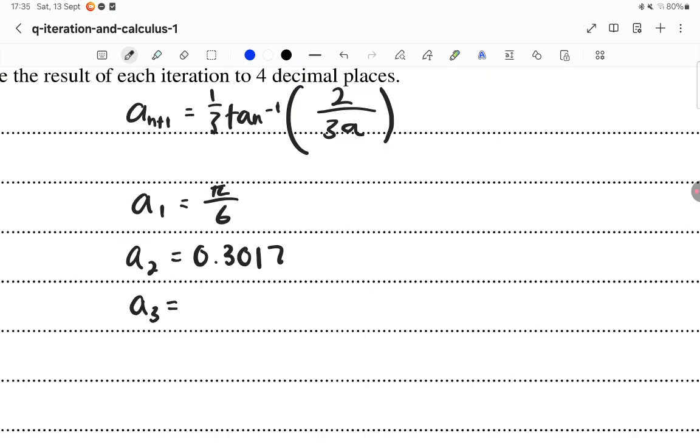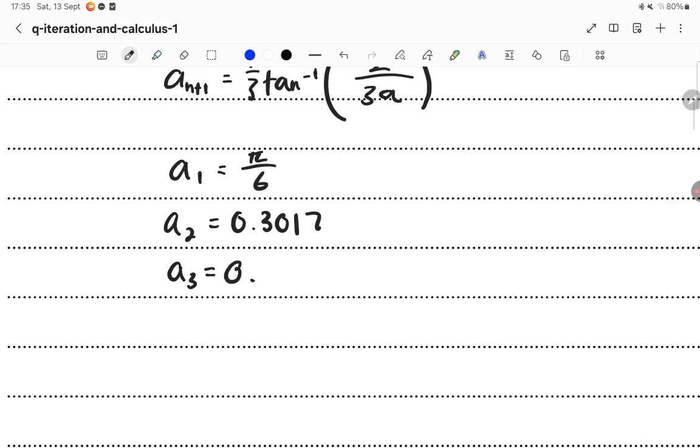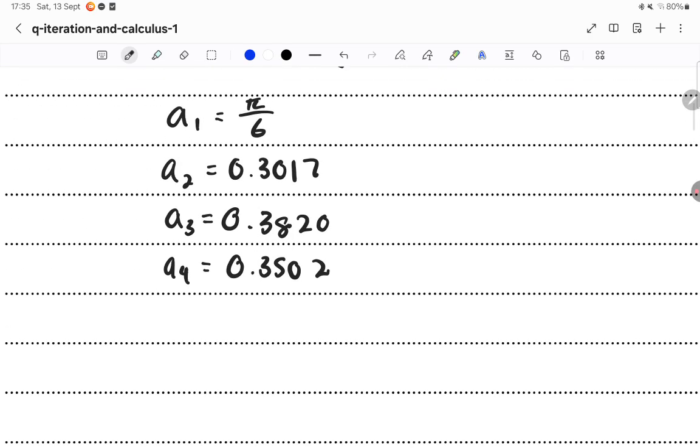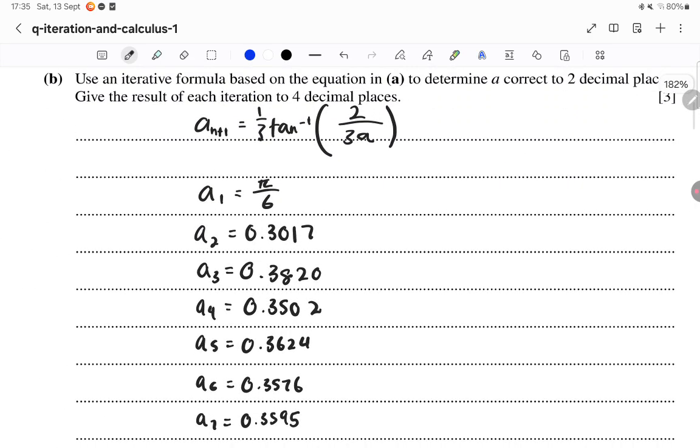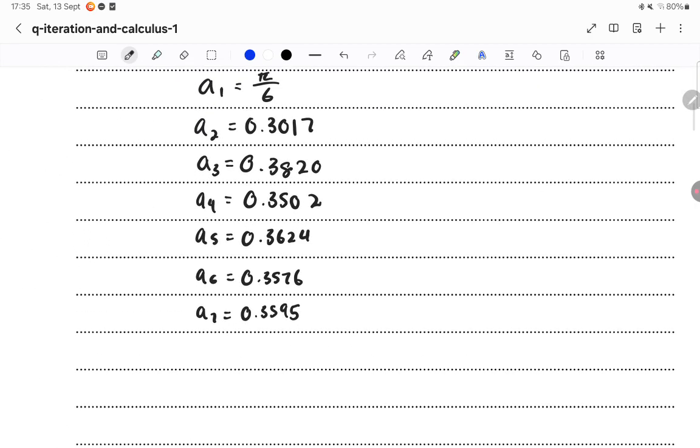There'll be a button called answer where you just put it in there and press equal again, which gives us 0.3820, and just press equal again each time, so 0.3502, and press equal again, 0.3624, press equal again, you get 0.3576. A7 equals 0.3595.